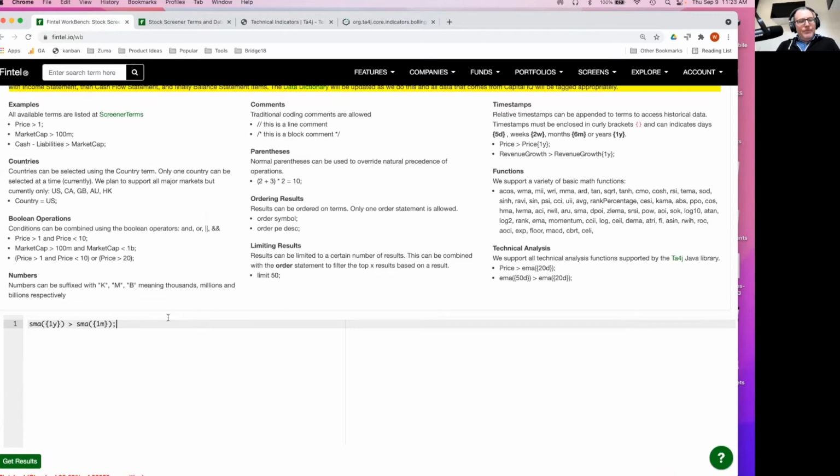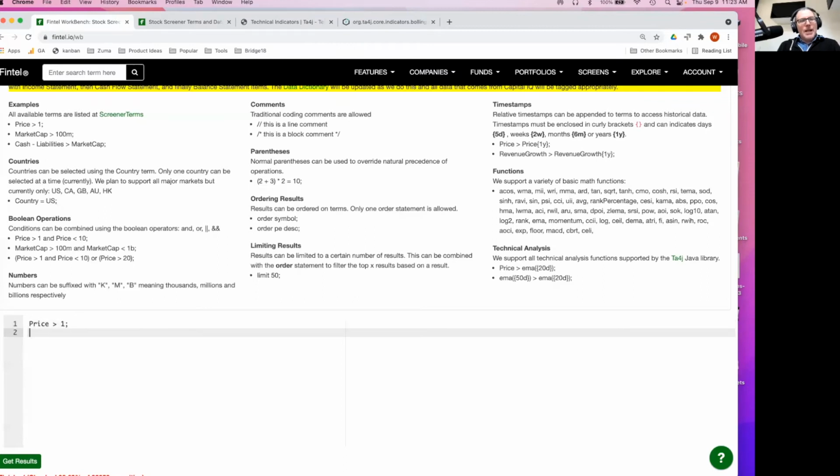The other thing you can do, and I haven't mentioned this yet, is say price is greater than 1, and market cap is greater than 100 million. Then we have this idea of putting a pass-through term here. I will be honest and tell you that it does not work the way we expect right now, and we're in the process of fixing that.